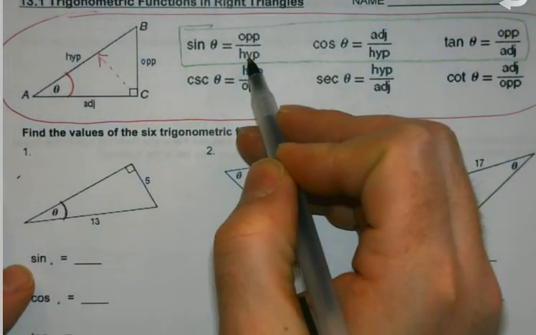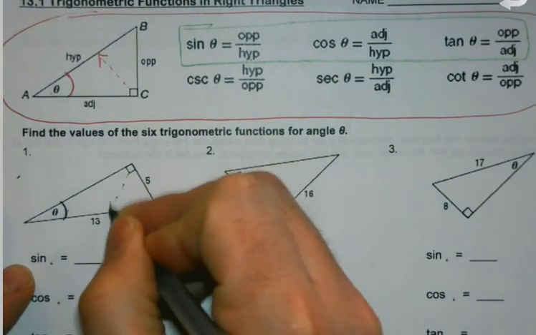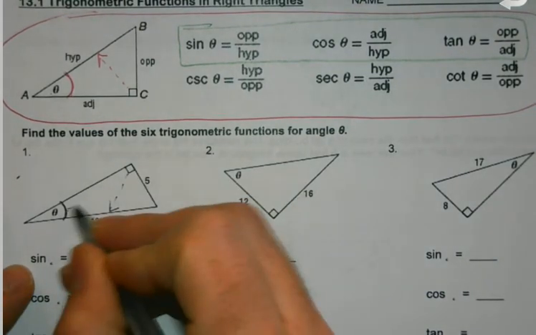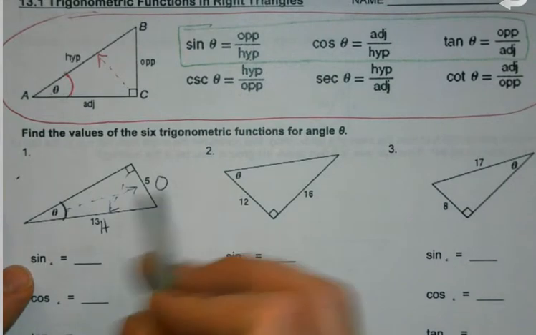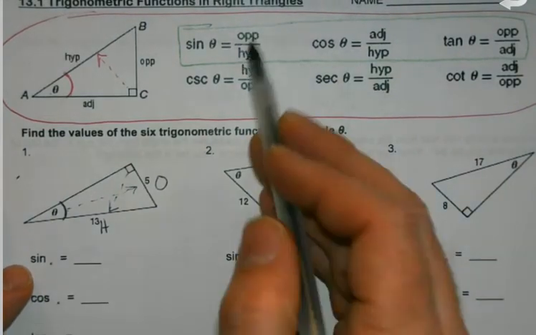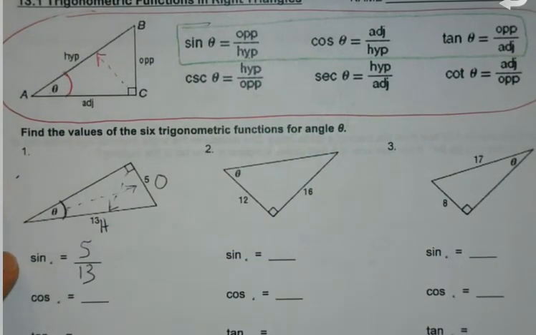Opposite over hypotenuse. If I know this is my angle, I know this is my hypotenuse, because it's opposite from my right angle. I know this is opposite because it's opposite from my base angle here. So sine's just opposite over hypotenuse. That's not bad.